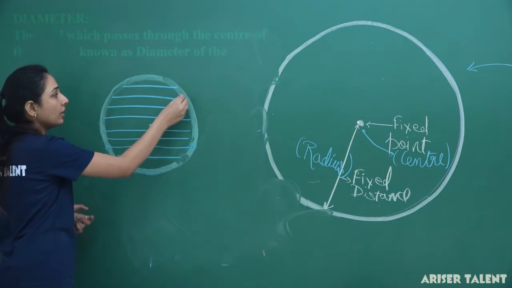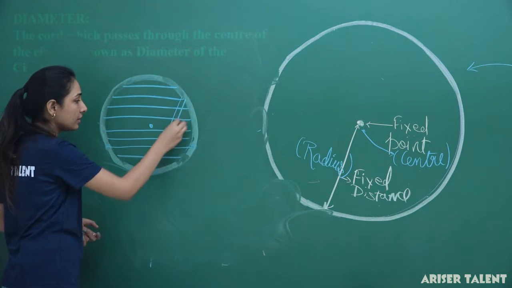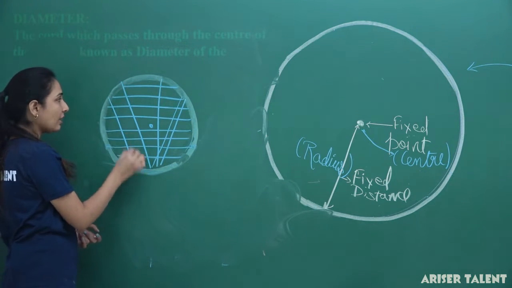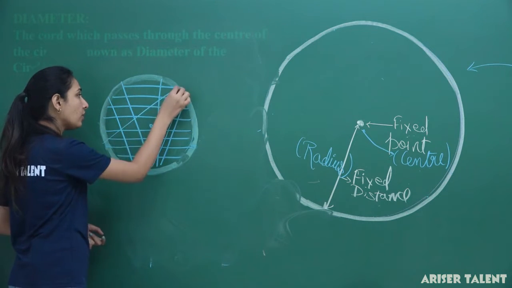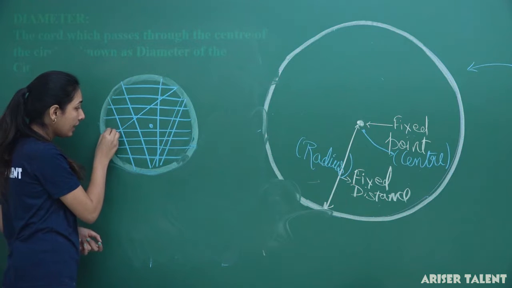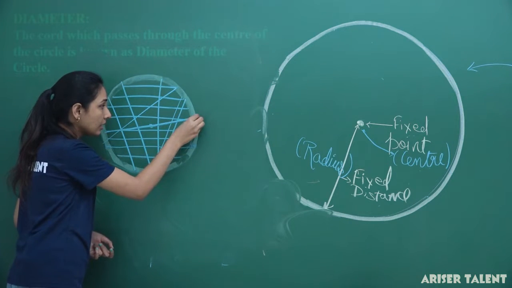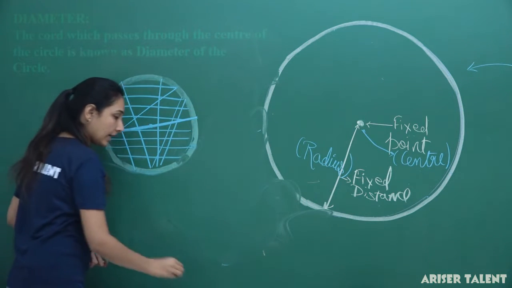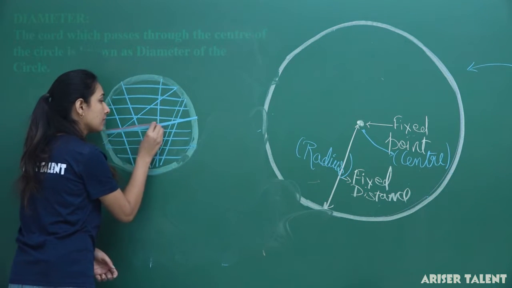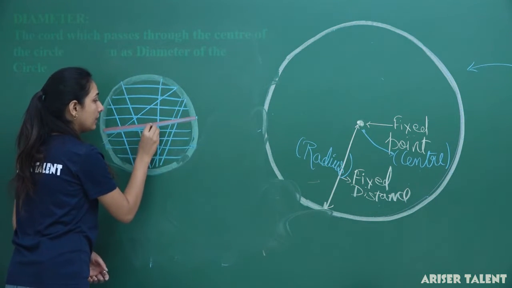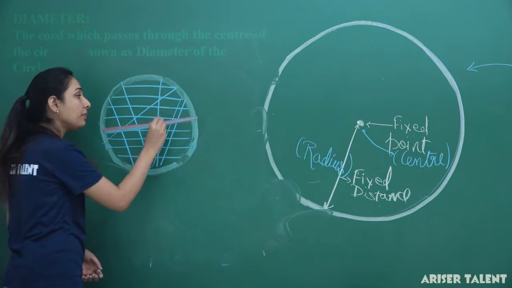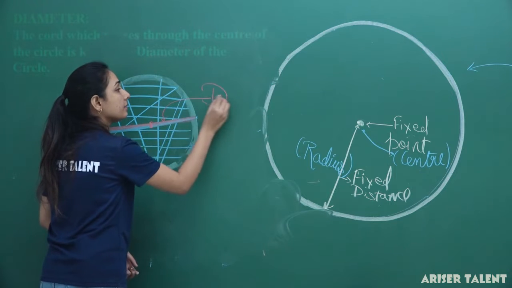Not only in one direction, we can draw in any direction, because we have two fixed points and we are drawing. But if somehow I draw one and this goes through the center, if it's passing through the center, then this specific chord becomes the diameter.